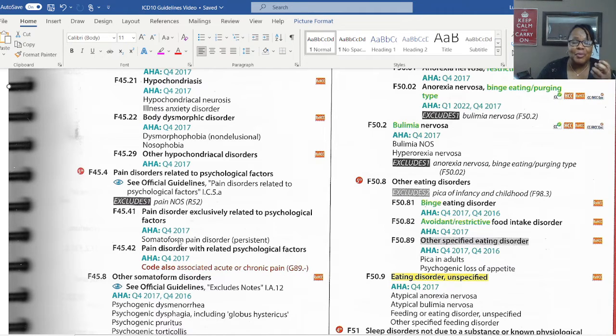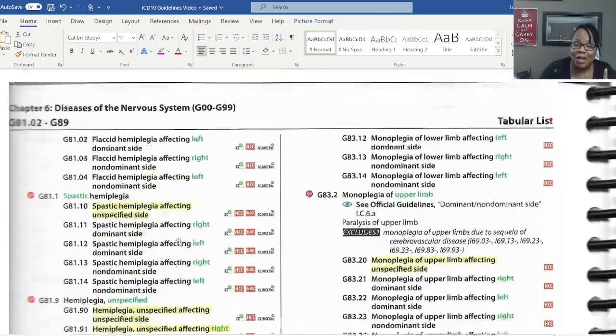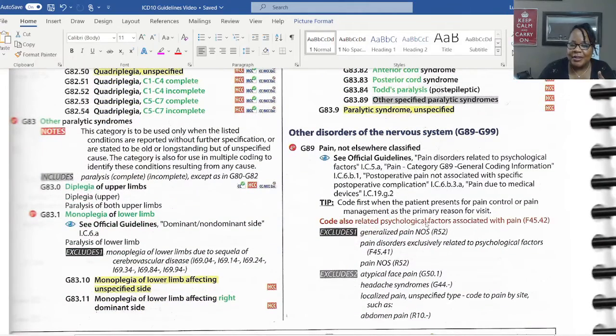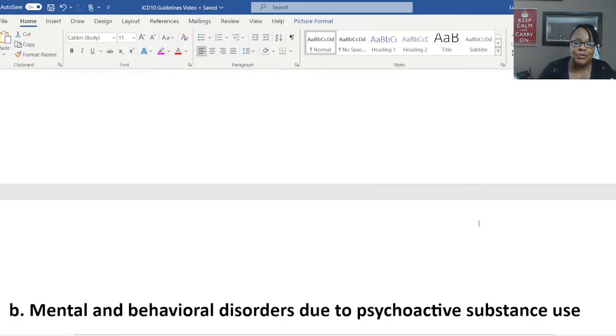So the code book, remember I told you your classification will guide you, but you've got to know what to look for. And when I get down here, it says at category G89, code also related psychological factors associated with pain, F45.42. So your book is telling you exactly what to do here.